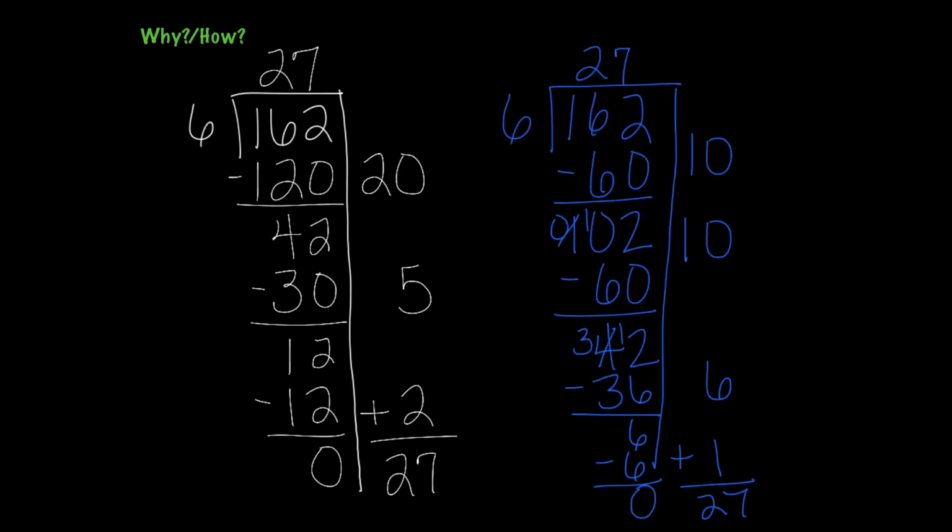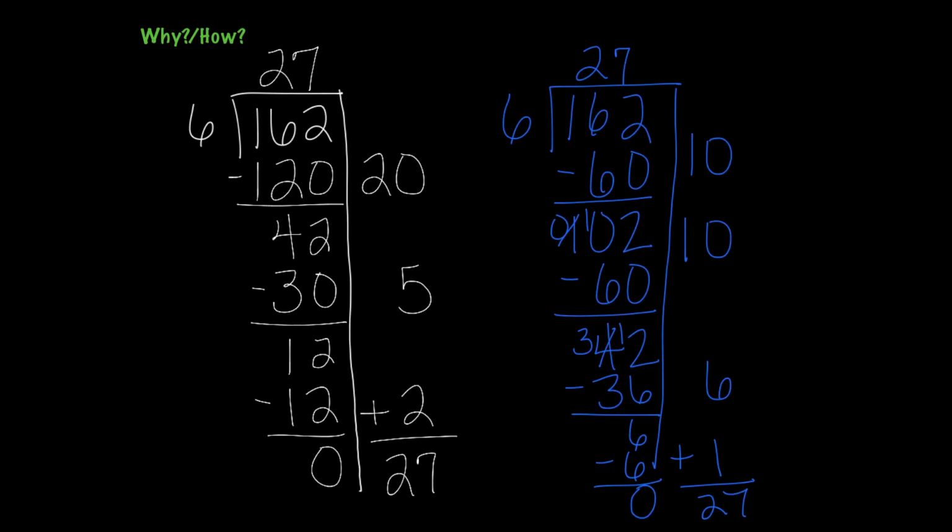So as you can see, I've done the same problem, 162 divided by 6, but this time I picked 10 as my first choice, multiplied that times 6, got 60, did my subtraction, then I picked 10 again, did my multiplication and subtraction, I picked 6, same thing, and then I picked 1. So as you can see, I still ended up with 0 here, and I still ended up with 27 as my final answer.